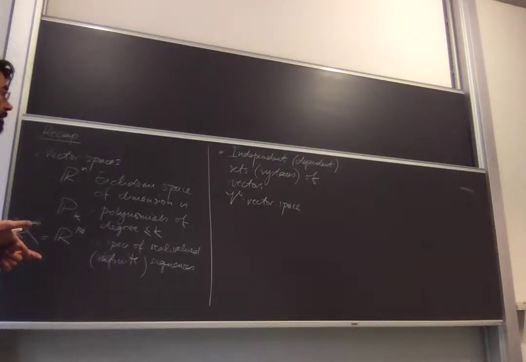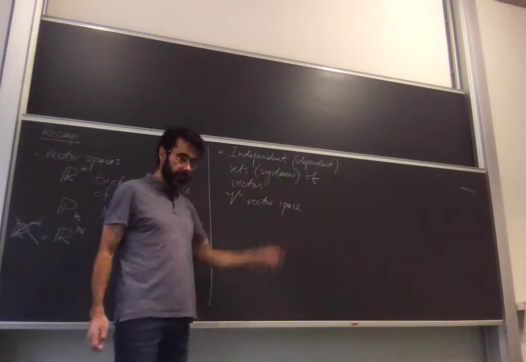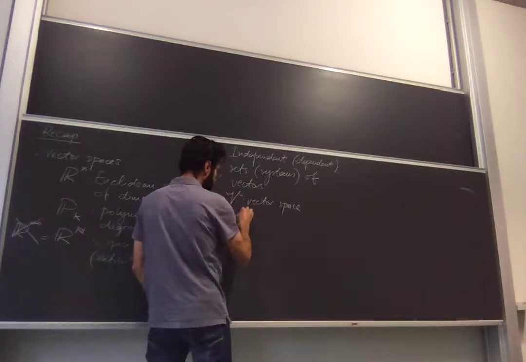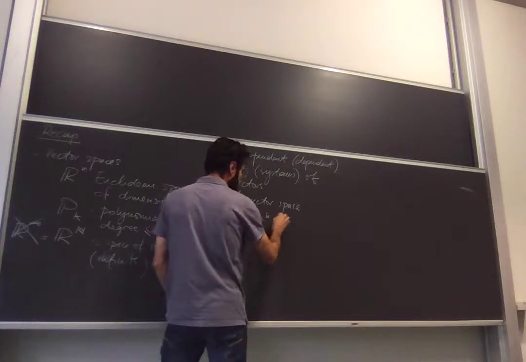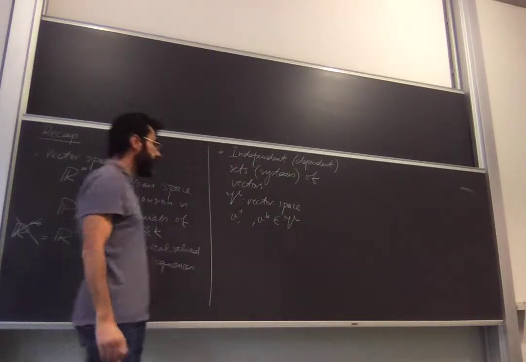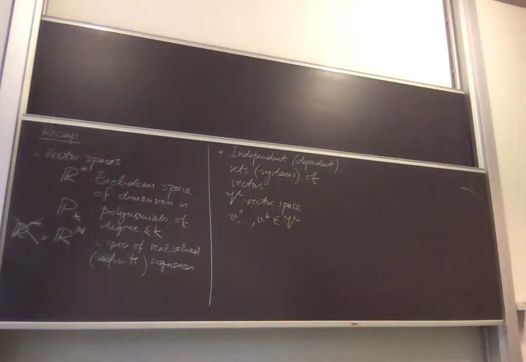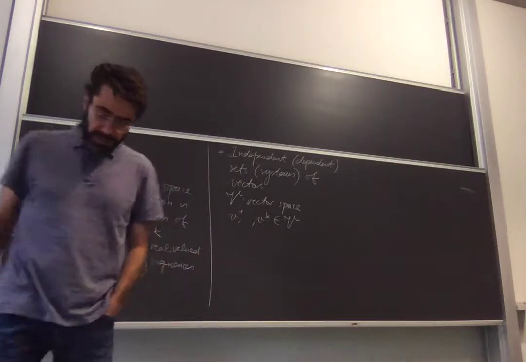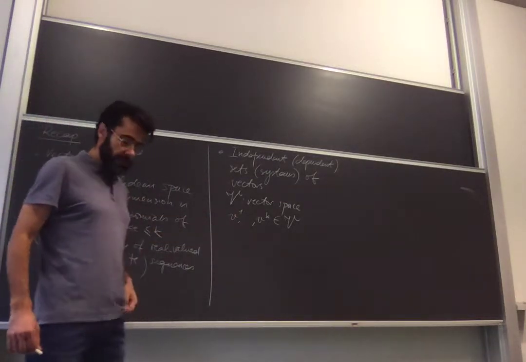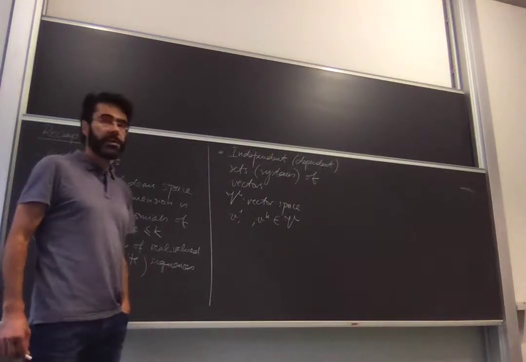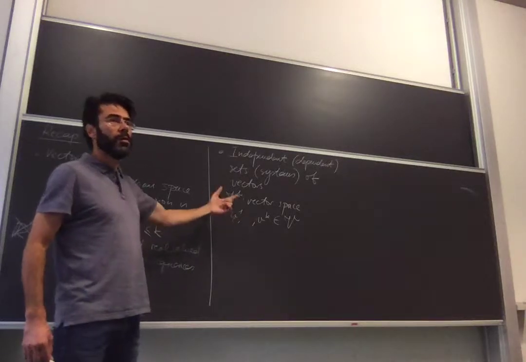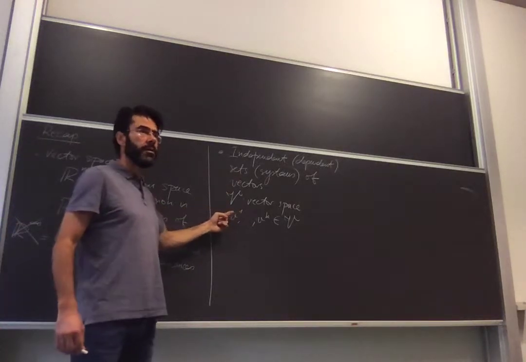So once you have that, then you can define a concept of dependent vectors. So when do we say that? Let's take a set of vectors, let's call them v1, ..., vk. As I said earlier, I'm indexing vectors with superindices, because it doesn't make much sense to multiply vectors together in general.